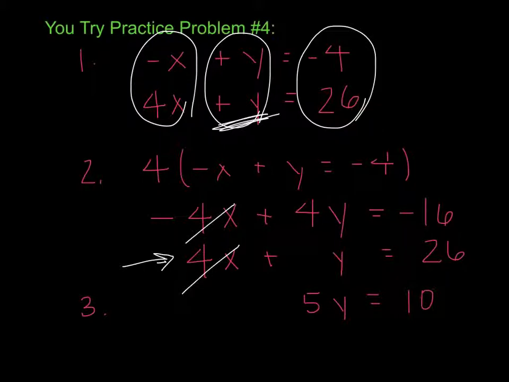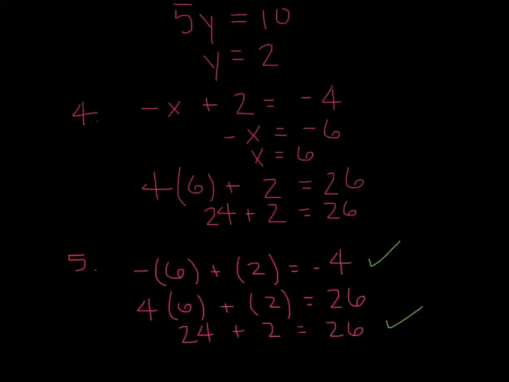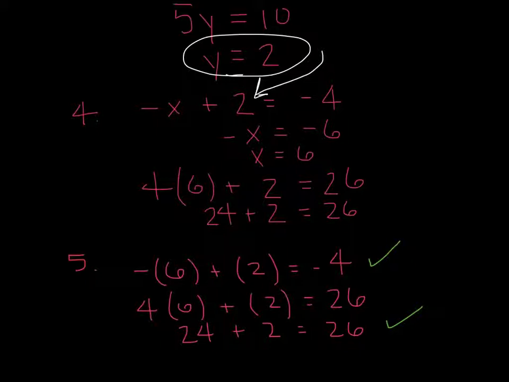Then I was left with 5y equals 10. So you can see that y equals 2. If I plug that back into one of my original equations, you can see that negative 4 minus 2 is negative 6, divided by a negative, x equals 6.